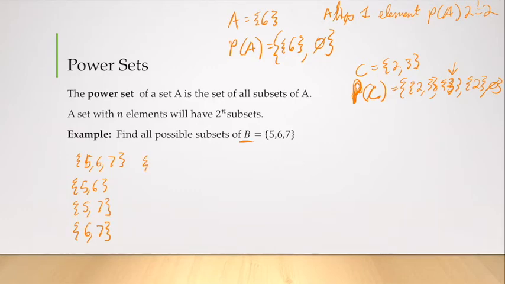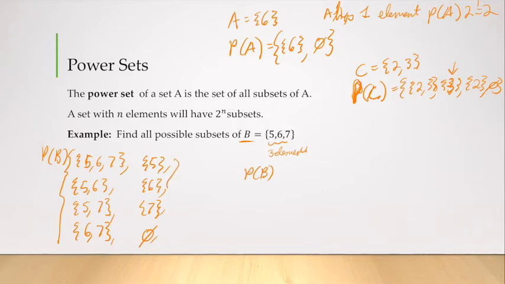I could take all sets of size 1, and then the empty set. So because B has 3 elements, P of B, which is defined by this list here, right? If I put commas between them all, P of B has 2 to the 3, which is 8 elements.